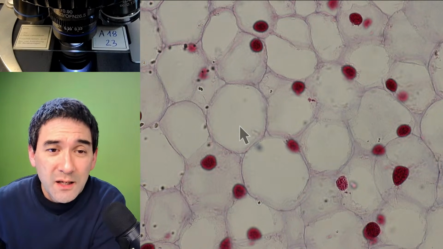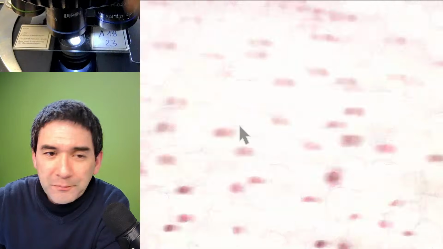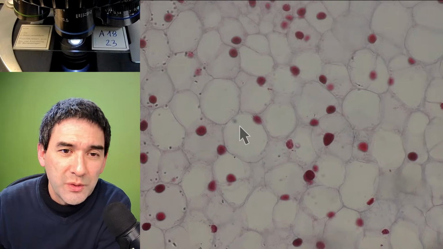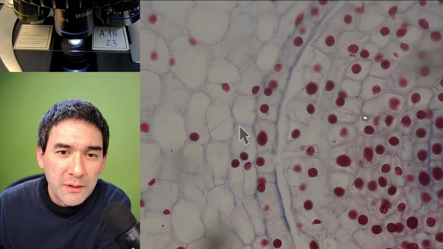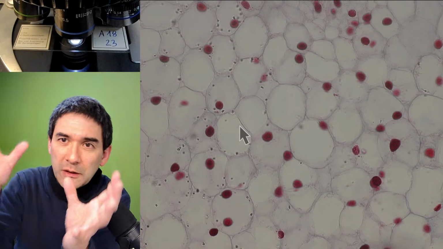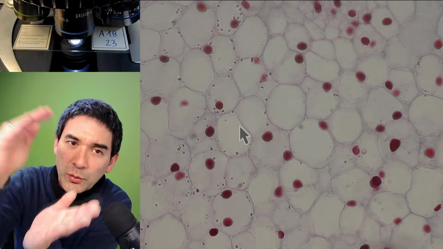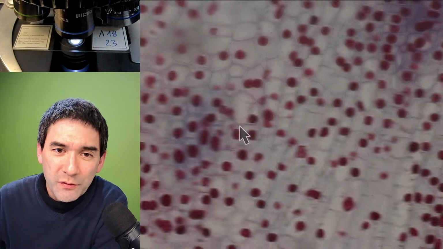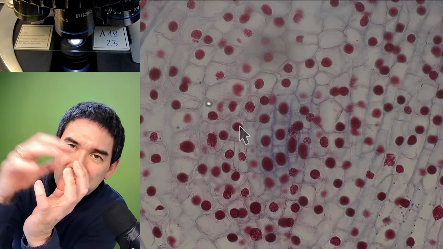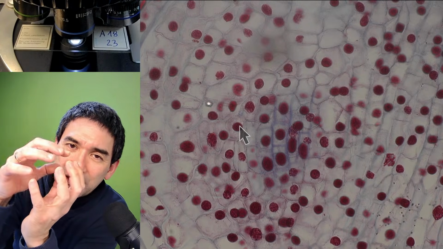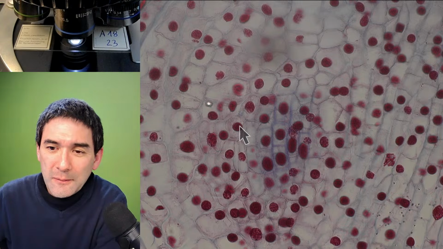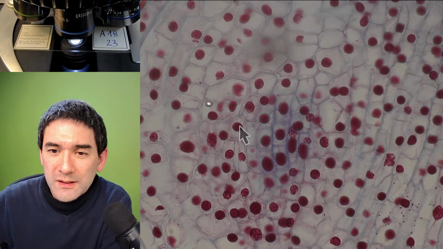This also explains why especially the larger cells seem to be missing a nucleus more, because they're simply larger. The chance of the nucleus being cut away is much higher. And the smaller cells are so small that the nucleus is still very much in the center, and therefore when you cut it, you don't cut it away so easily.